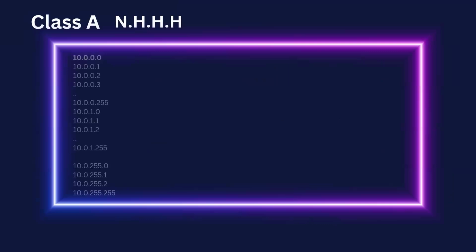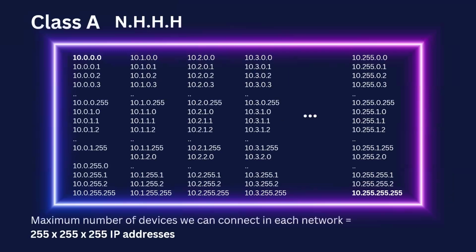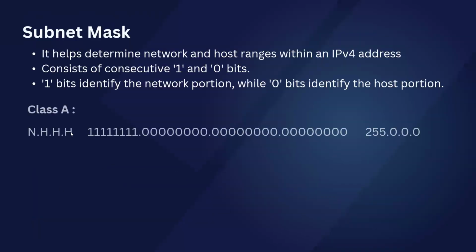When there's a class like class A, which has one network portion and three host portions, it puts all ones in the first portion and all zeros in the last portion. From that, you get the subnet mask value as 255.0.0.0. When this subnet mask is assigned to the device, it understands, okay, my IP is a class A IP. Since it knows it's a class A IP, it knows the first IP and the last IP in that range, and from that range, it can also understand how many devices it can communicate with.